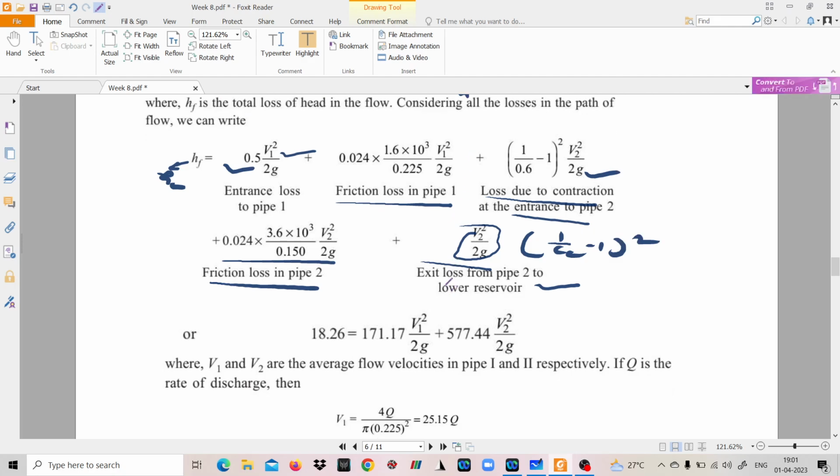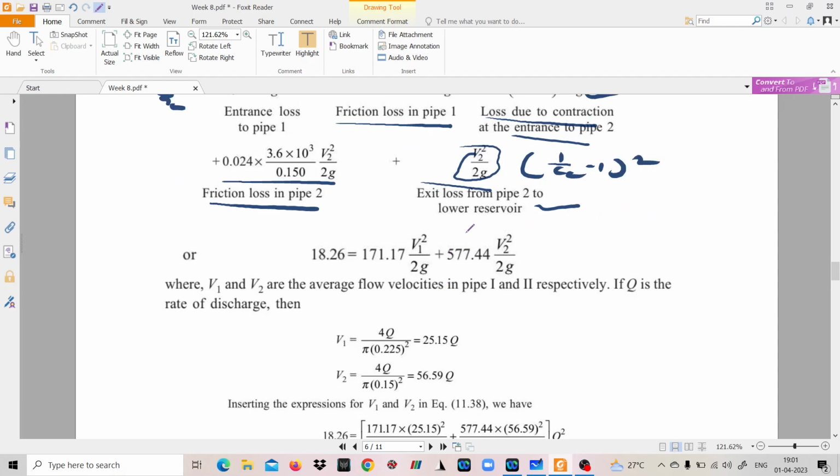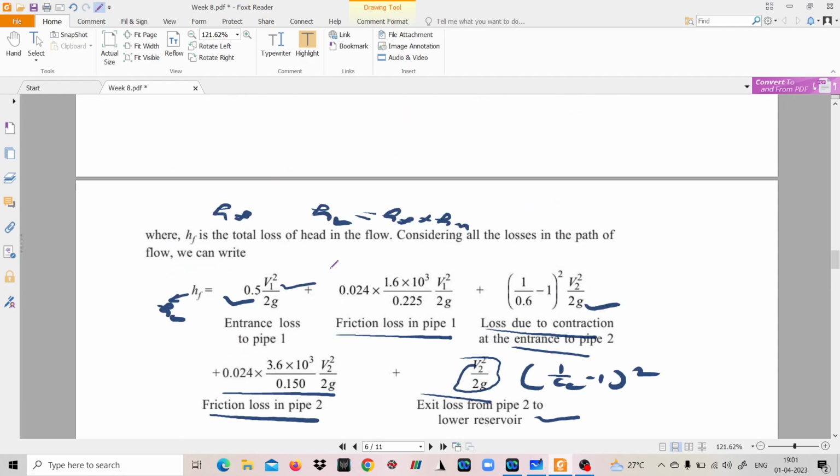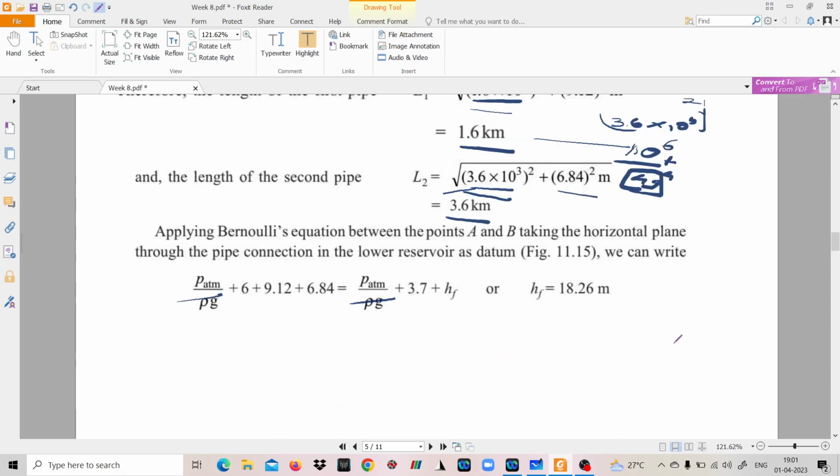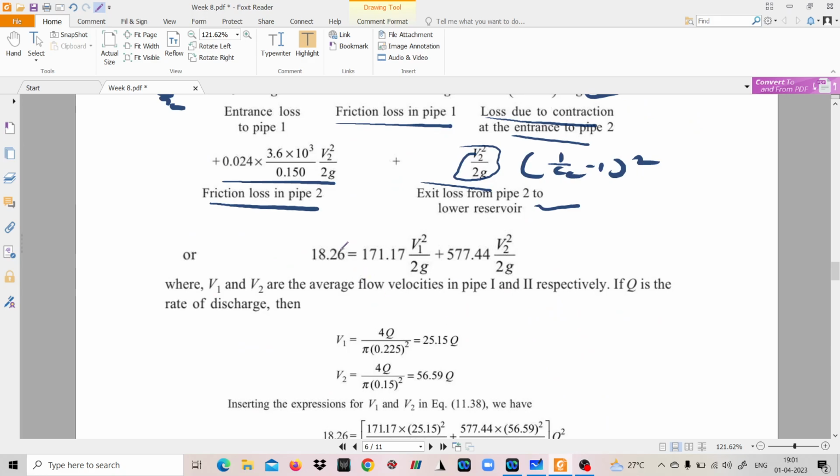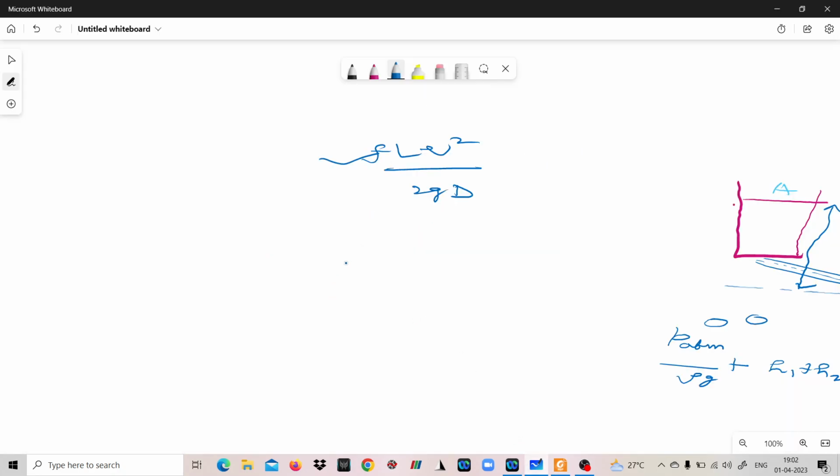So next, after you have substituted these things, you will get equation 18.26. But here you can see that there are two unknowns, V1 and V2. This is not a problem, because you can convert V1 and V2 with respect to one another. How? Because the discharge Q can be written as A1 V1 equal to A2 V2.